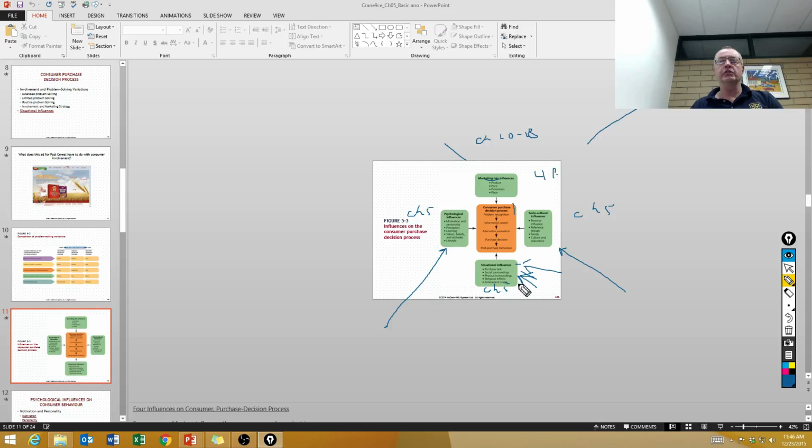Then there's another situational influence: the time of the day. Obviously we're probably more inclined to buy breakfast at a restaurant in the morning as opposed to the afternoon or the evening. You're going to buy a different meal. So the time of the day can also influence what we buy. And our antecedent states. If you don't have any money with you, then guess what?